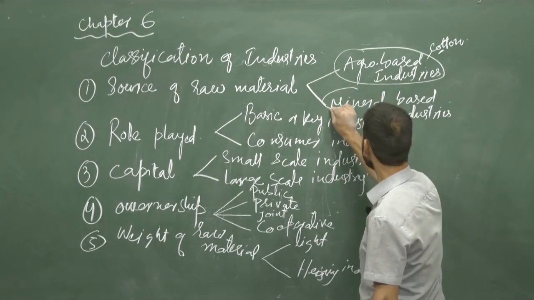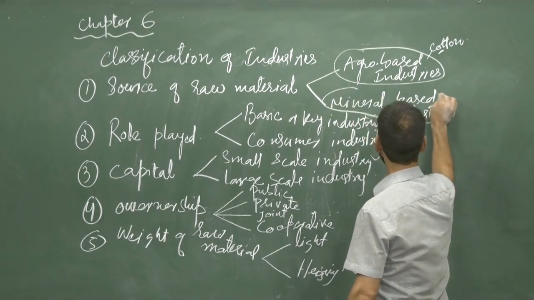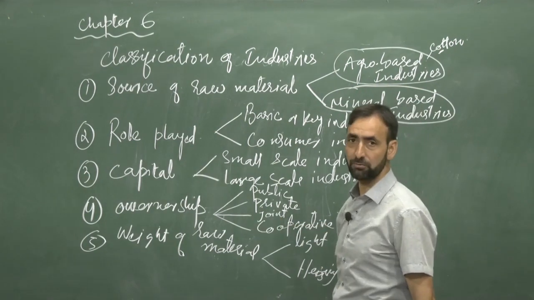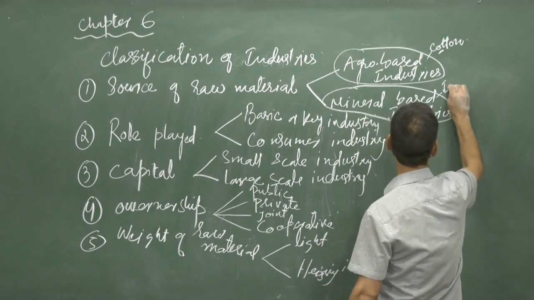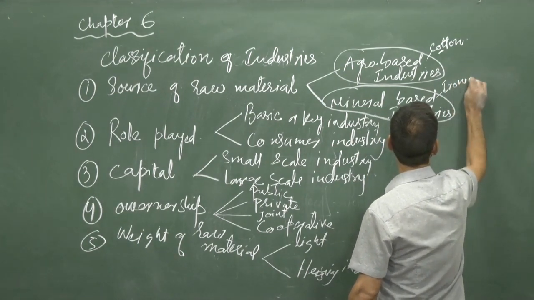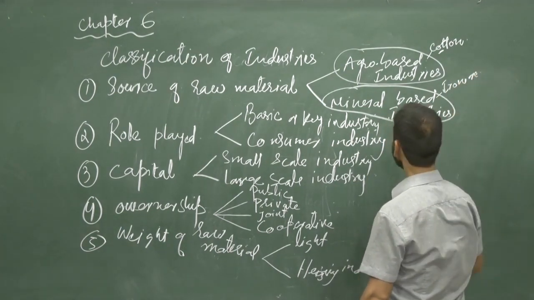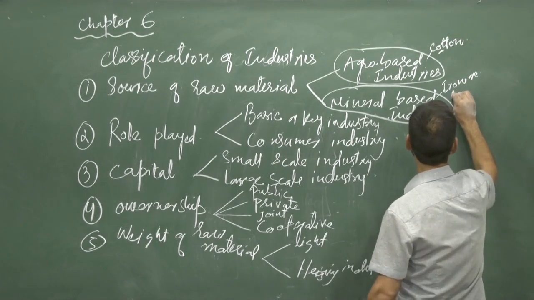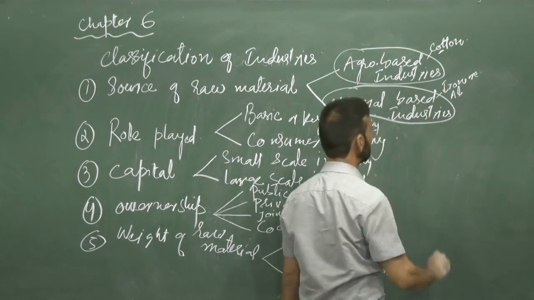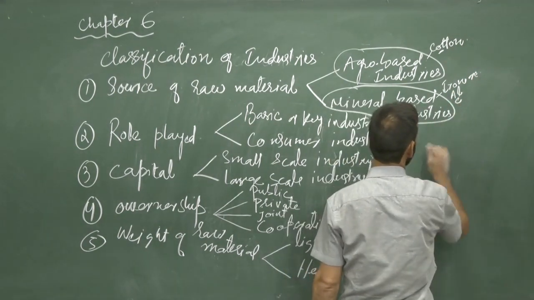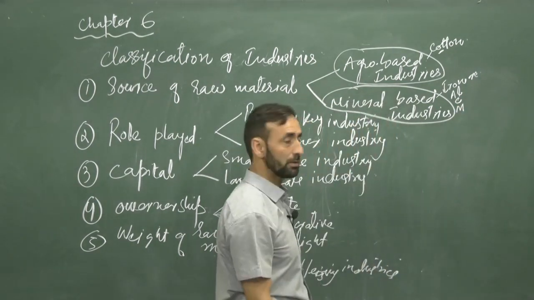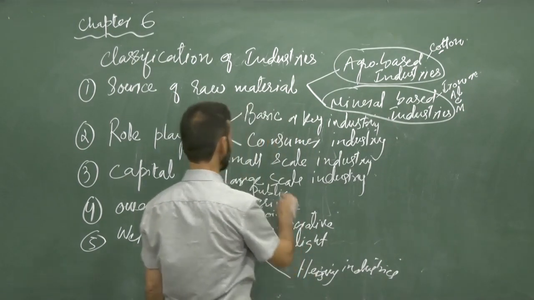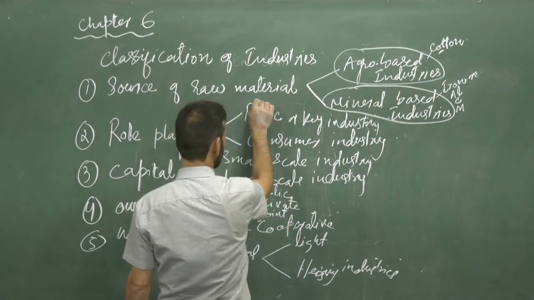Mineral-based industries are those which obtain raw material from minerals or mining, like iron ore, aluminium, copper, manganese. These are the minerals obtained from the earth's crust.